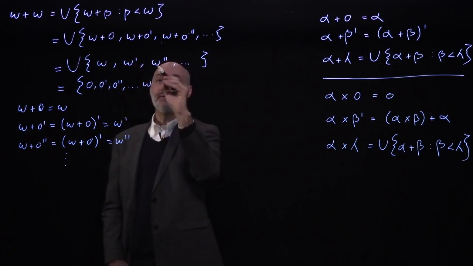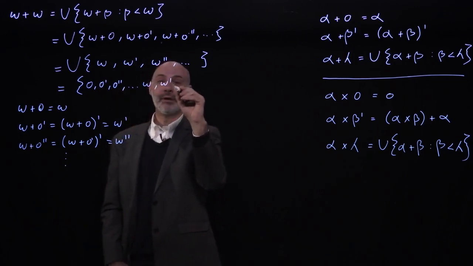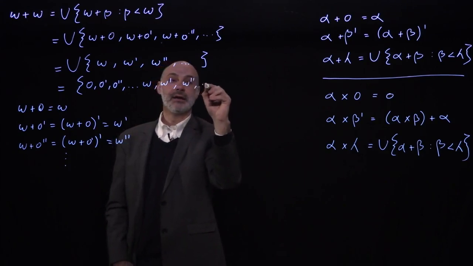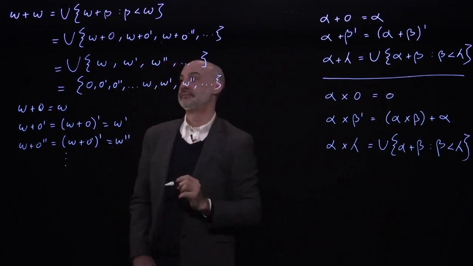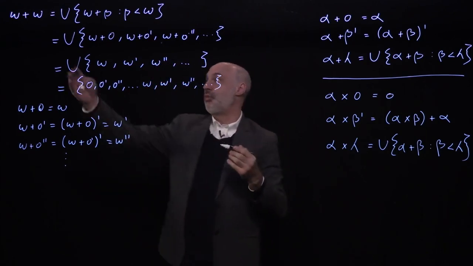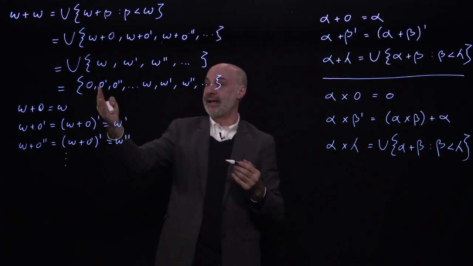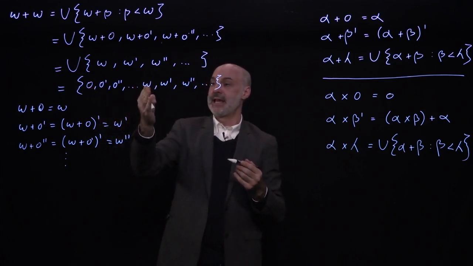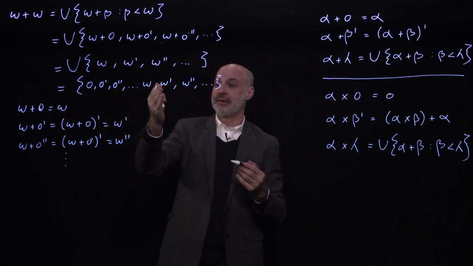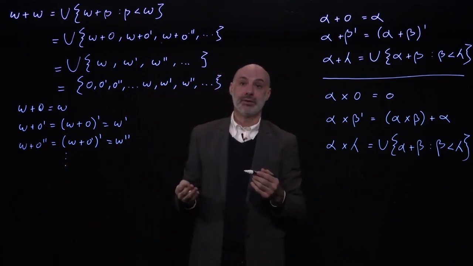And then the members of omega double prime, which are all of those plus omega prime, and so forth. So we now know what omega plus omega is. It's all the finite ordinals plus omega plus the result of adding some finite number of primes to omega.